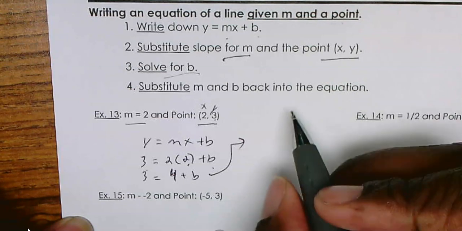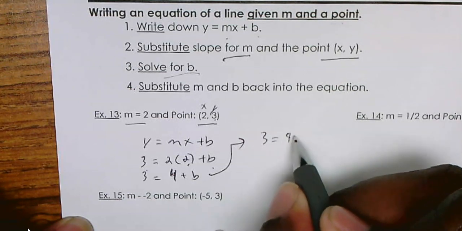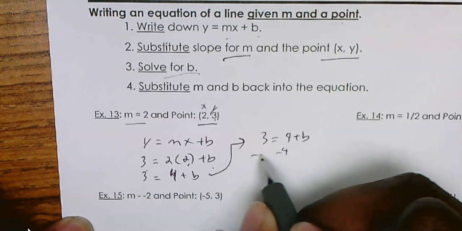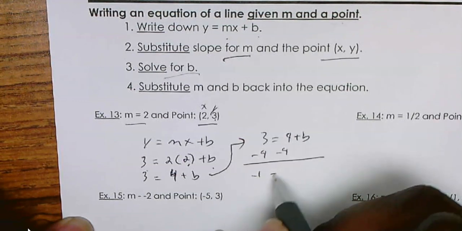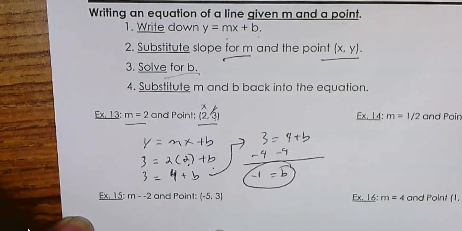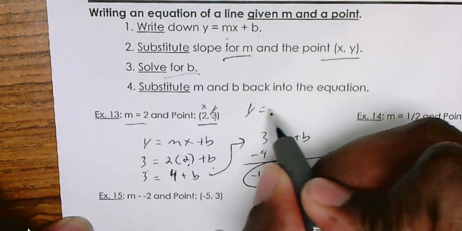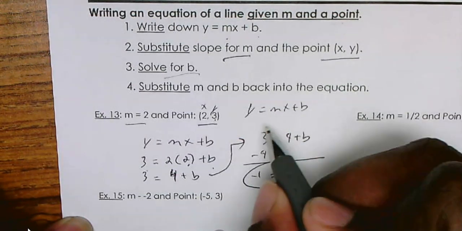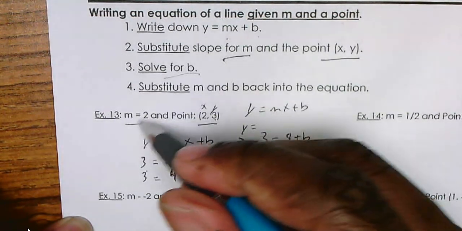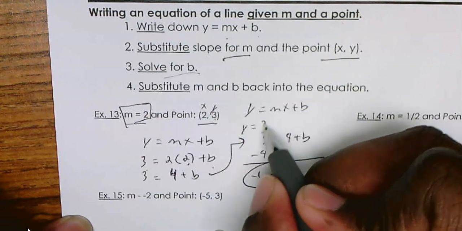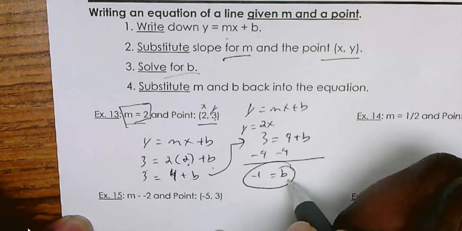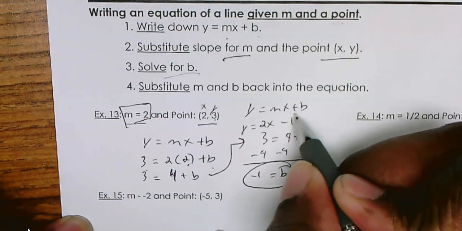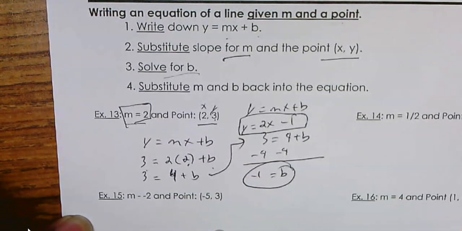To solve that equation, you subtract 4. So -1 equals b. So if you wrote the equation in y equals mx plus b form, the equation would be y equals, your slope was 2, so y equals 2x. Your y-intercept is -1, so subtract 1. So that's the equation for it.